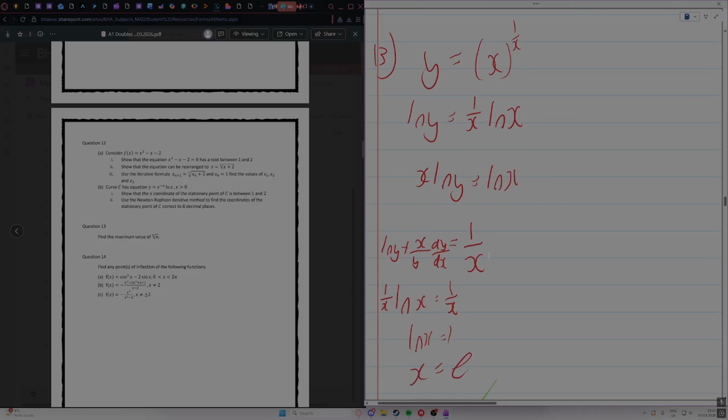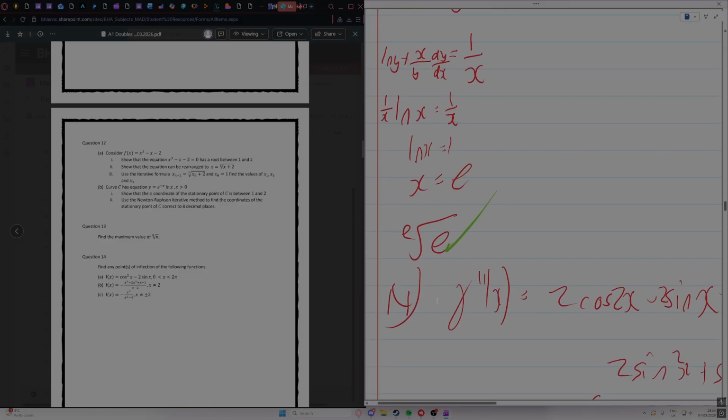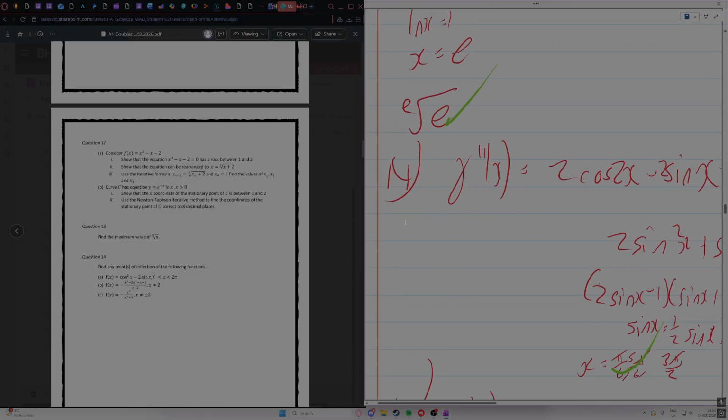Here I multiply by x and then the product rule, and then eventually you can rearrange. You get x equals e, so the answer is eth root of e. Which is pretty interesting because e just randomly comes up here. It comes up in a lot of places in maths, so not very surprised to find it here.